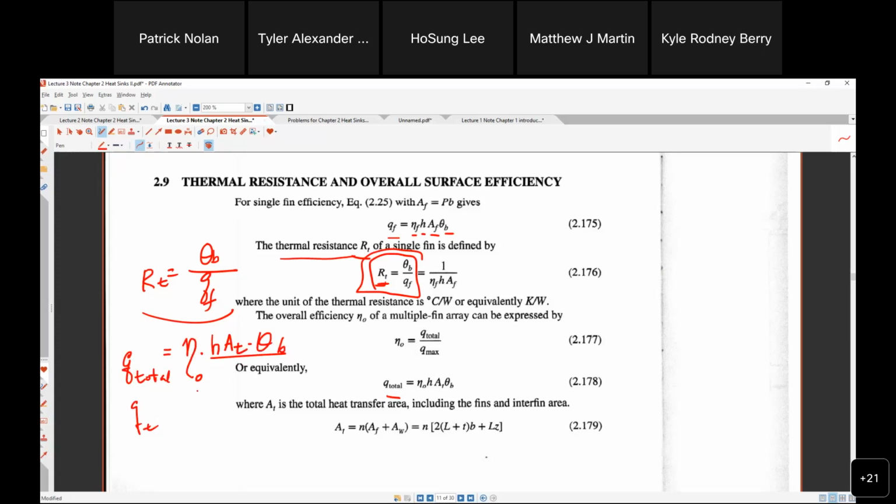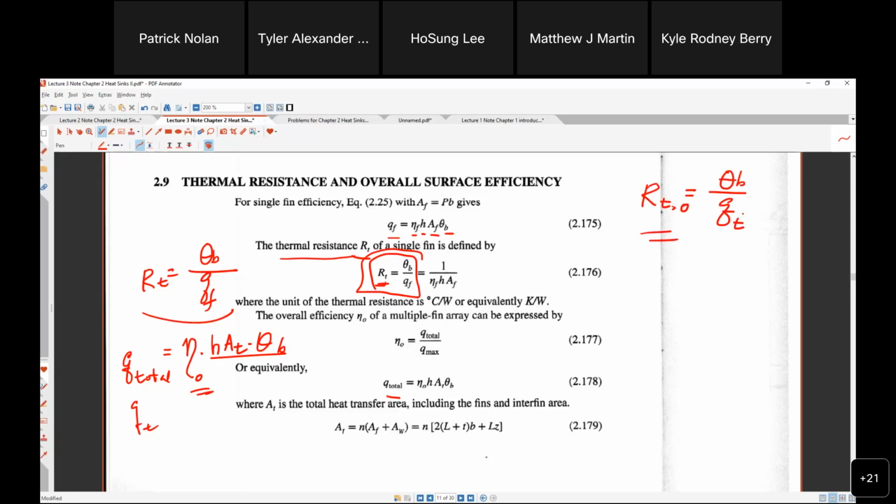So this is using the efficiency, very easy concept, even for heat sink. I'm going to repeat. Now, overall resistance, maybe overall, is zeta B over Q total.